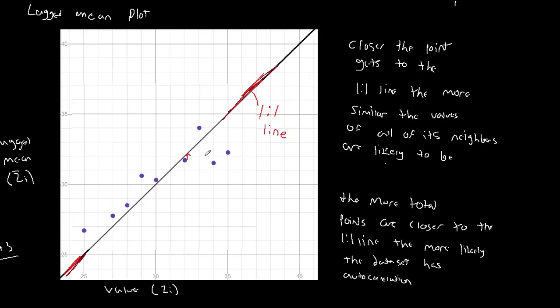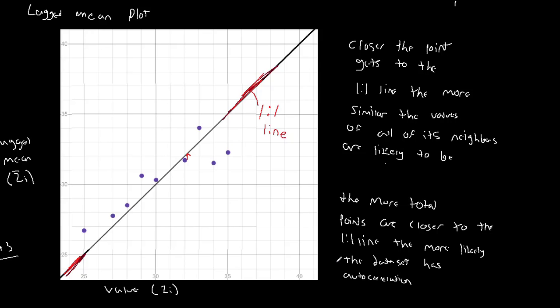This one-to-one line is where your polygon has the same value as the average of its neighbors. So the more points are closer and closer to this line, the more likely it is that you just have groups of polygons that have very similar values, which is a way of thinking about the definition of spatial autocorrelation. So hopefully that makes sense.